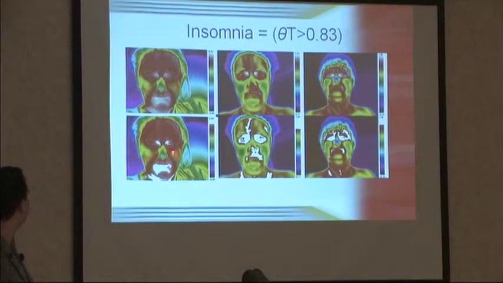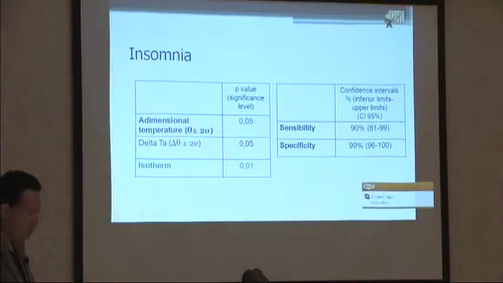Okay, normal case with a value 0.83. This is the pattern for panda eyes. Okay, but we have a value now. We are not saying it subjectively. We are being very objective here, with a high sensitivity, high specificity also.